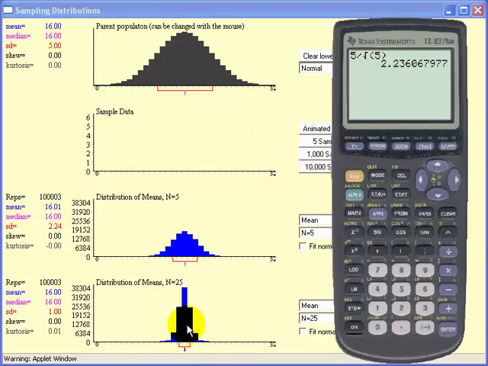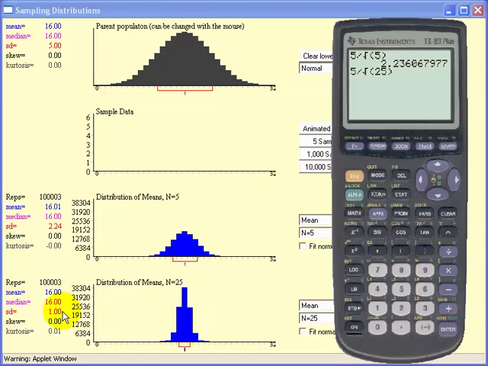So let's check it with this one down here. Let's take this population standard deviation of 5 divided by the square root of our sample size of 25. Now, what do I expect the answer to be?